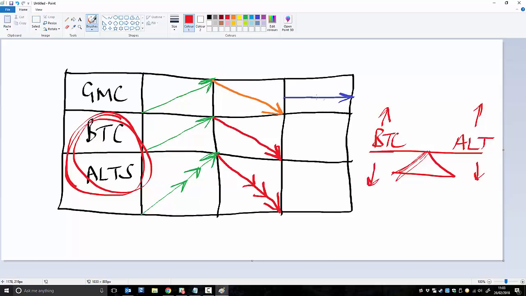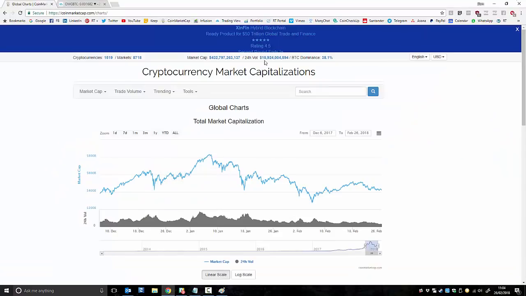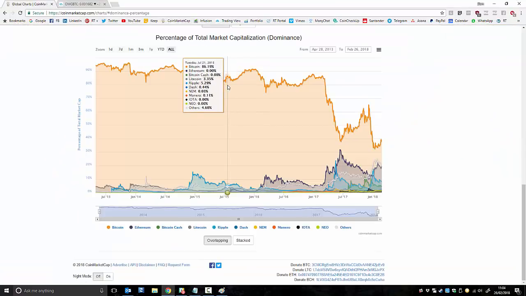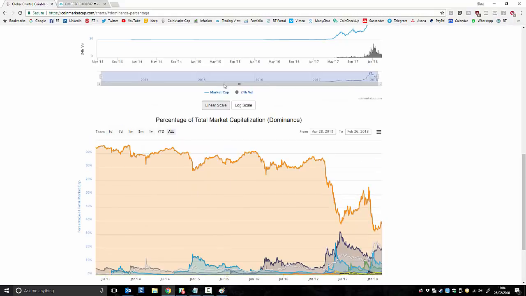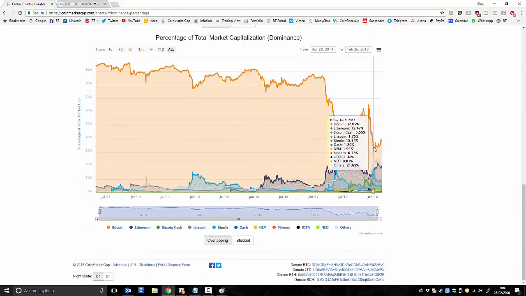Because when global market cap is flat, it's a case of market share, as in dominance, as CoinMarketCap refers to. So when the global market cap is flat, like we've been seeing, it's all about what Bitcoin does in terms of market share.